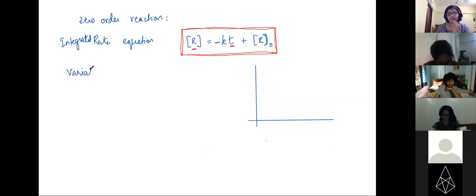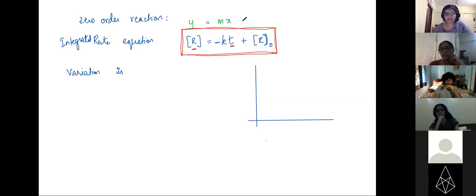So the variation is, Aryan, you were saying, you can continue, like how is R varying with respect to time? So R is one variable, so it's y equal to t. This is a constant. So mx plus c, x and y are variables.